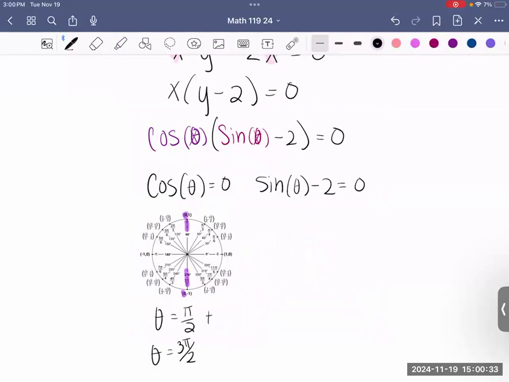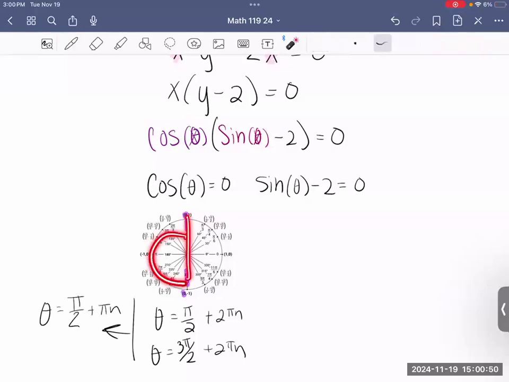You could find all solutions by adding 2 pi n to both, or even better, because they are a full pi away from each other, you could just say pi over 2 plus pi n. In either direction, n can give you a back and forth motion. Now, where is sine equal to 2?